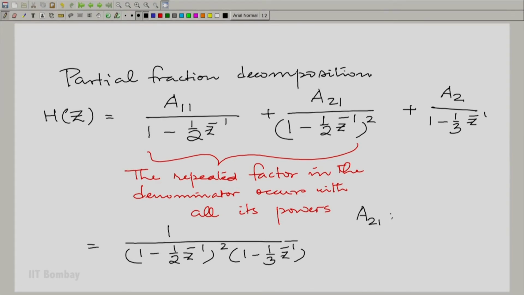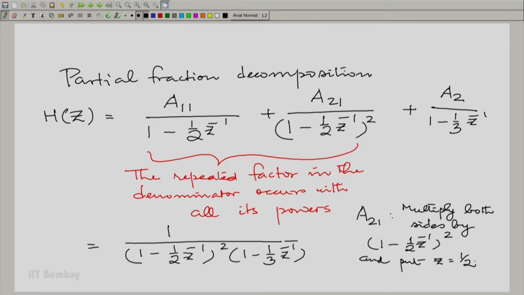We will multiply both sides by (1 minus half Z inverse) the whole squared and then put Z equal to half. You will of course get 1 divided by 1 minus 1/3 into Z inverse, which would be 2. So, 1 minus 2/3, that makes it 1/3 in the denominator, and therefore, A21 is equal to 3.